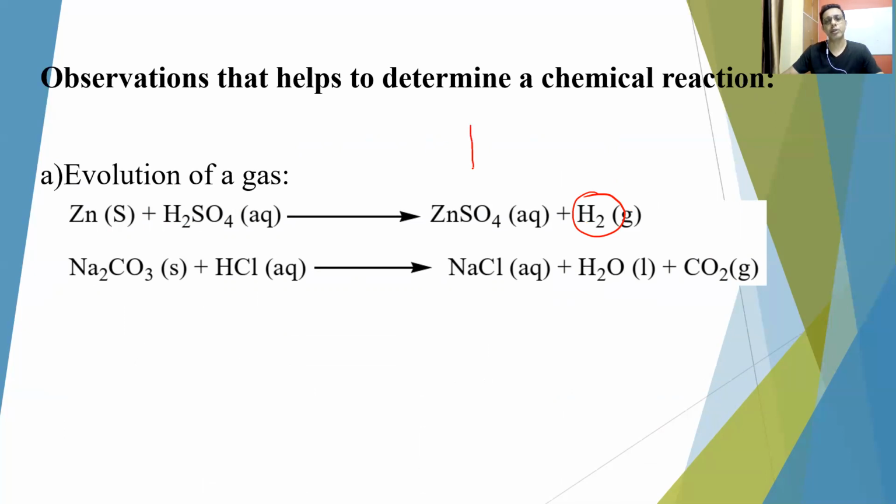If you take a test tube, put in some pieces of zinc, and then add sulfuric acid, you'll see bubbles of hydrogen gas released from the solution. So where some gas is released, we can say that a chemical reaction has taken place.